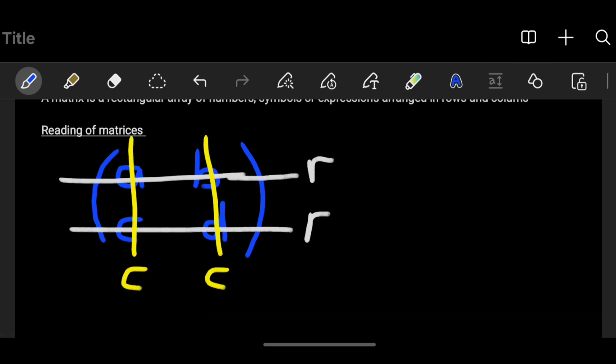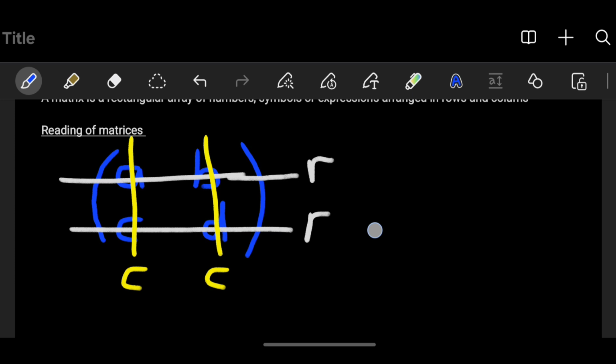A much simpler way is labeling the number of rows by the letter R and labeling the number of columns by the letter C. So by this way, we can actually read a matrix.